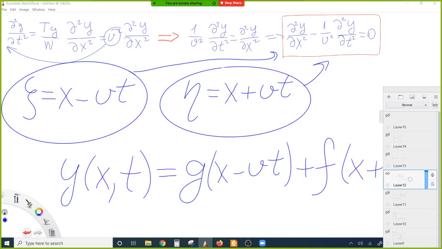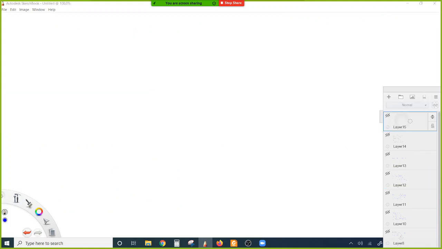here we wrote this equation in order to describe the oscillating motion of a string. And this equation for a vector field is a vector equation.